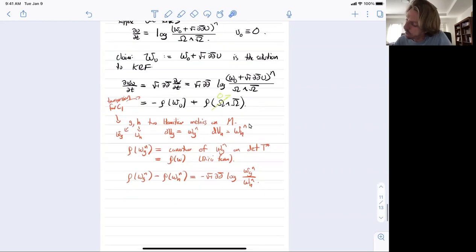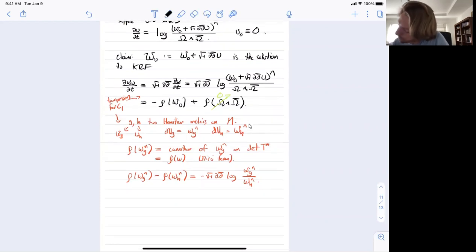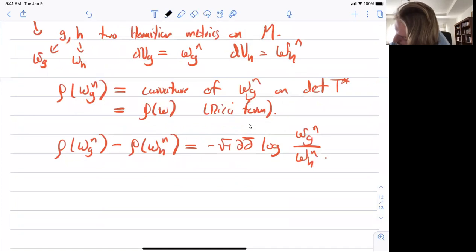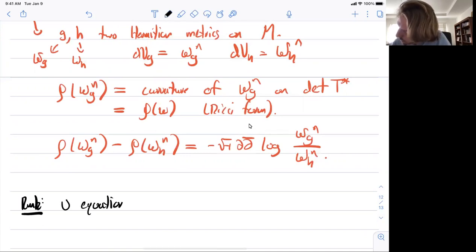Okay, and then just as a last remark that I don't want to prove, is that the U equation again admits short time solutions.